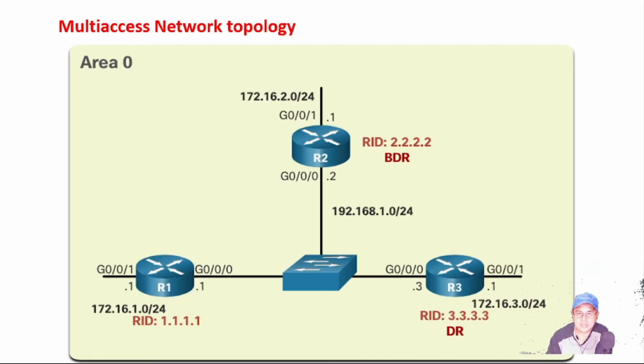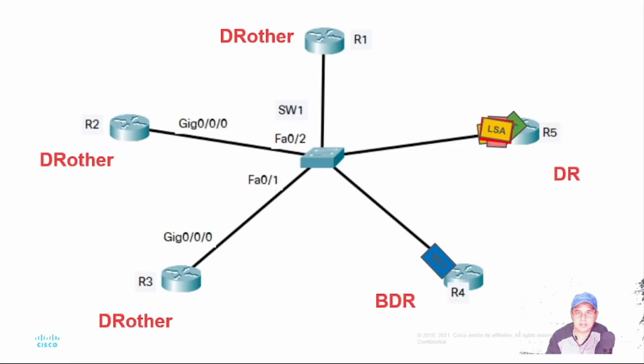That is actually the problem in this type of network. The LSA flooding becomes excessive. Now, electing a DR and BDR is the solution for this problem.